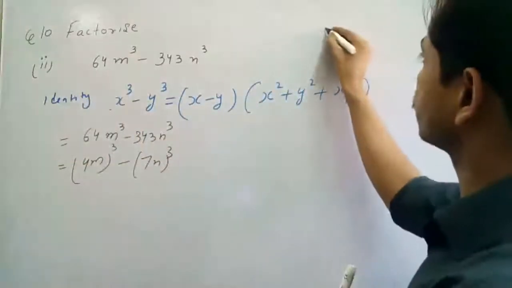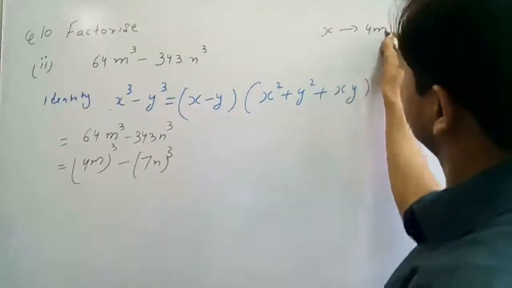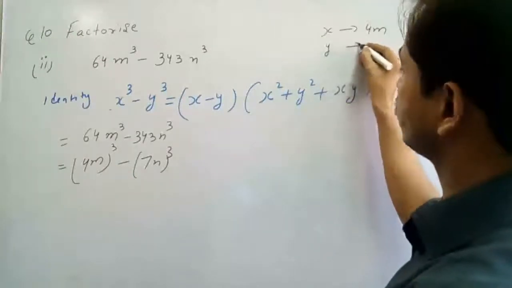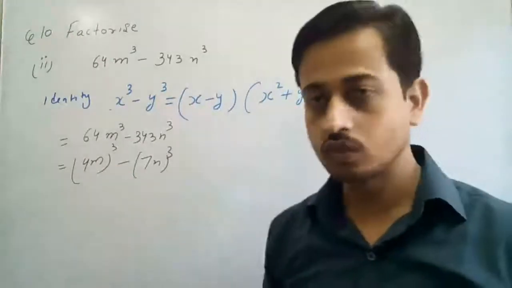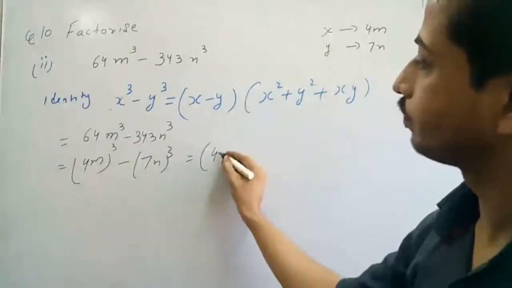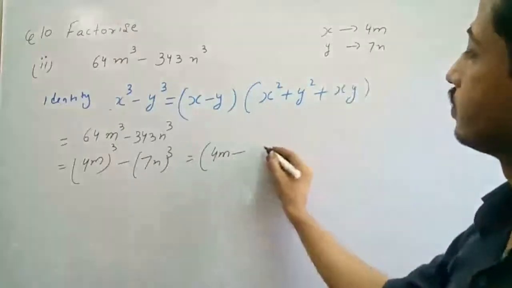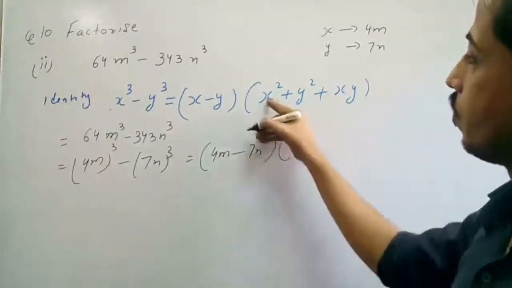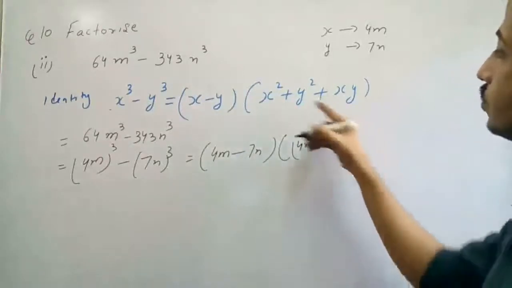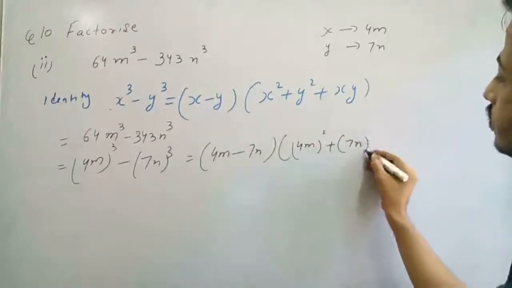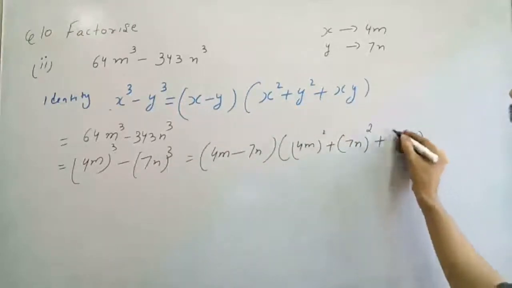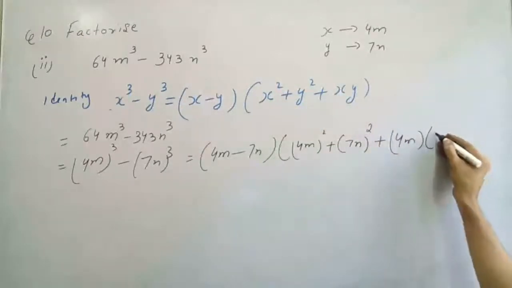First term is 4n, so x is 4n. y is the second term, which is 7n. Now it's very simple. What do we have to write? x is 4n minus y is 7n. Now x square means (4n) square plus y square means (7n) square plus x is 4n and y is what?